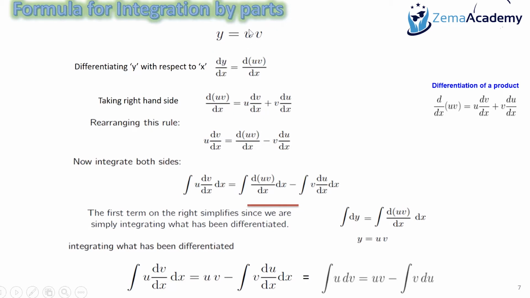And of course, we need to differentiate the product uv with respect to x. Here I am sure this statement is clear to you, that all I have done is differentiate both sides of the equation, which is dy by dx equals d by dx of the product uv.